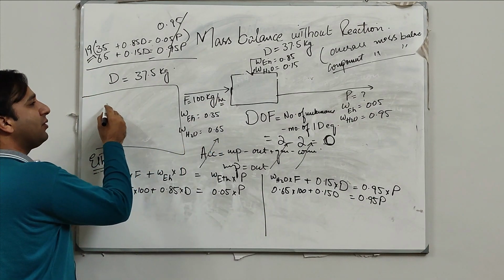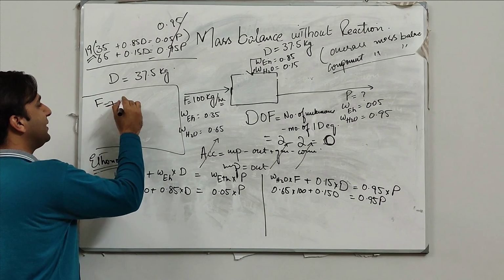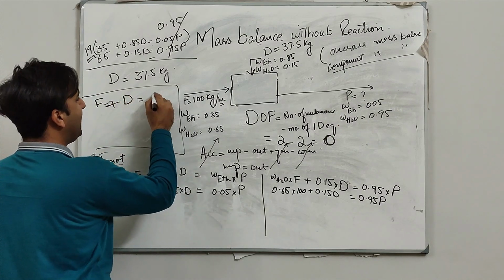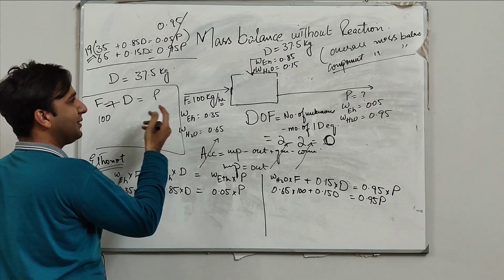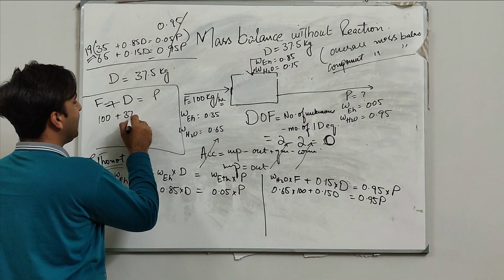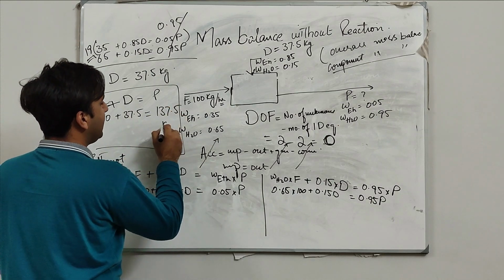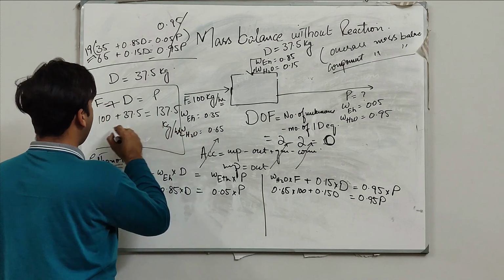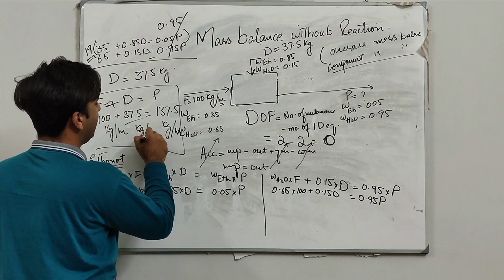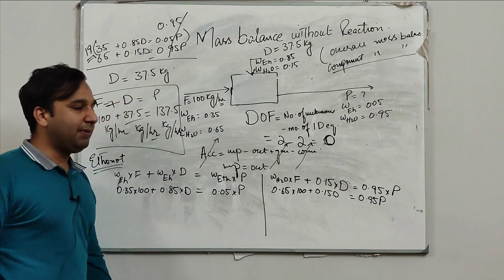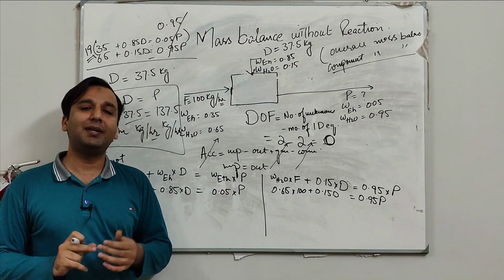So what will be the overall mass balance? F plus D is equal to P. So feed is 100 that we have taken as a basis. D is 37.5. So product will be 137.5 kg per hour.